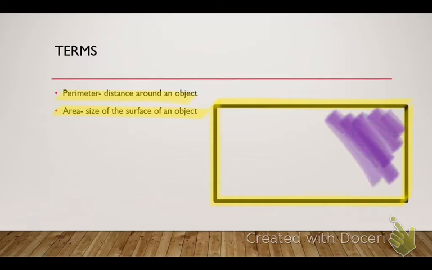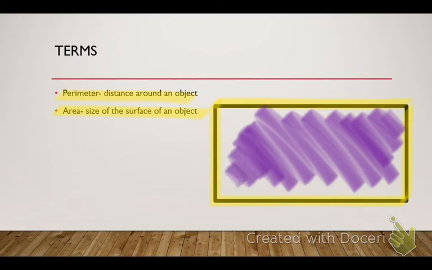This is two-dimensional. The area is what fills that object. I'm sorry, take that back, that's volume. The area is basically the surface space, okay? In this case, length and width multiplied together. That's perimeter and area.